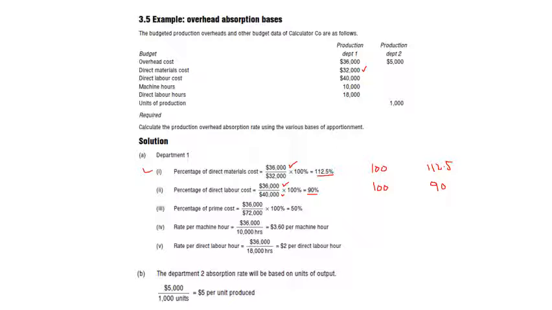Similarly, percentage of prime cost. The direct material cost plus direct labor cost is your prime cost. This is also provided to us separately, but we took it in total. We can calculate on the basis of these two as well. So 36,000 is your FH cost, and we divide by 72,000. 72,000 means 32,000 direct material cost plus 40,000 direct labor cost.